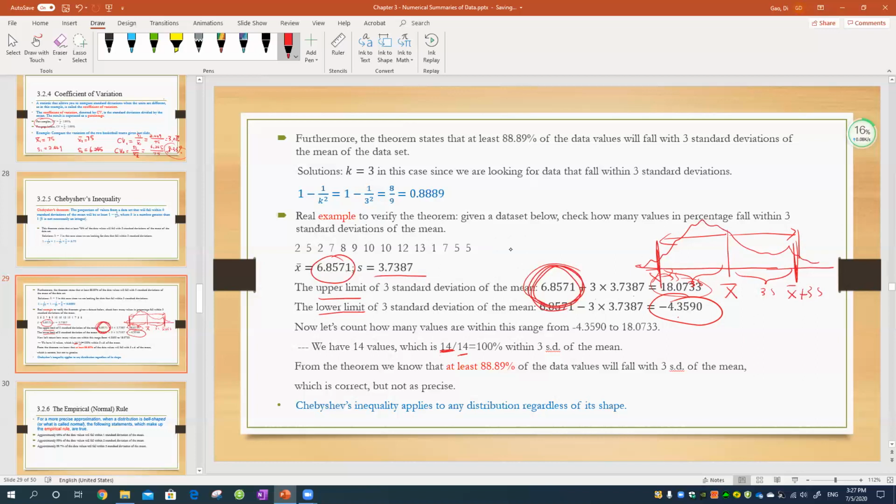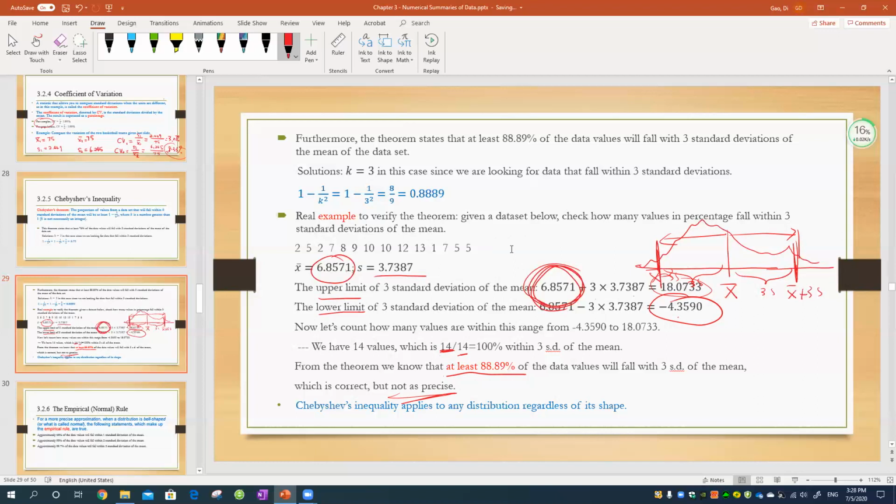And from the theorem, we can know that for any distribution or any data, we have at least 88.89% of the data values fall within 3 standard deviations of the mean. So the real thing is 100%, and then based on the theorem, we can say at least 88.89%, which is correct, but not as precise.